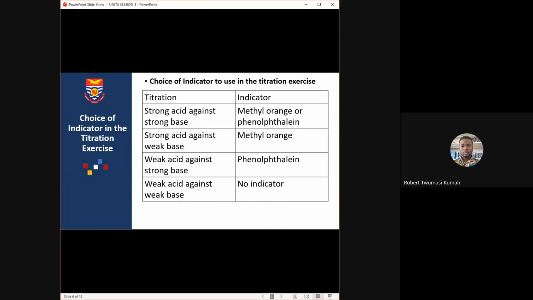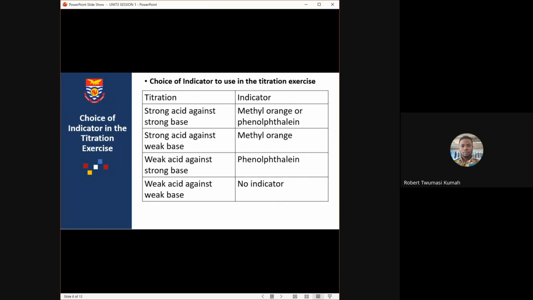We can use any of those two indicators. So if you are doing like potassium hydroxide and maybe sulfuric acid, we can use any of them. But when you're doing strong acid against weak base, the end solution will be slightly acidic.